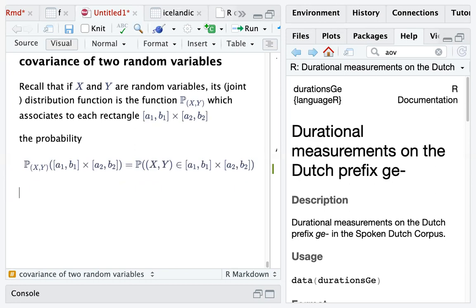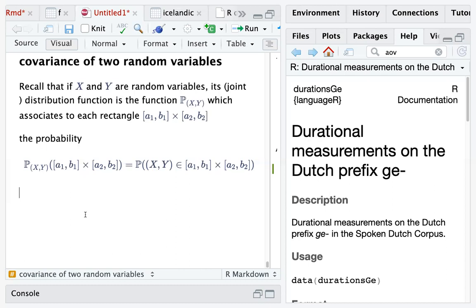So if we know the distribution, we know the probabilities of where this random point will appear. We know the probability of this event.